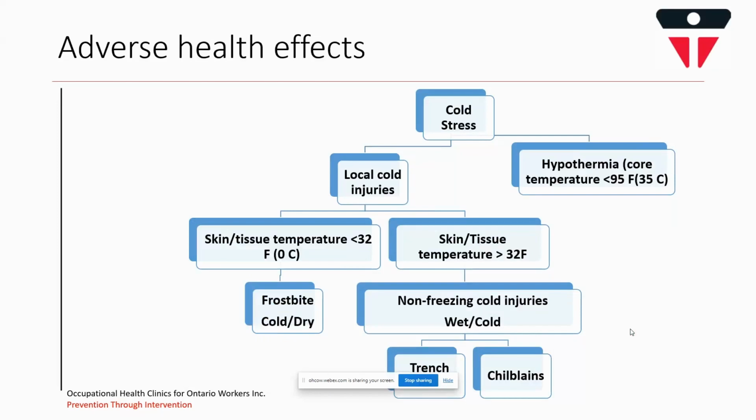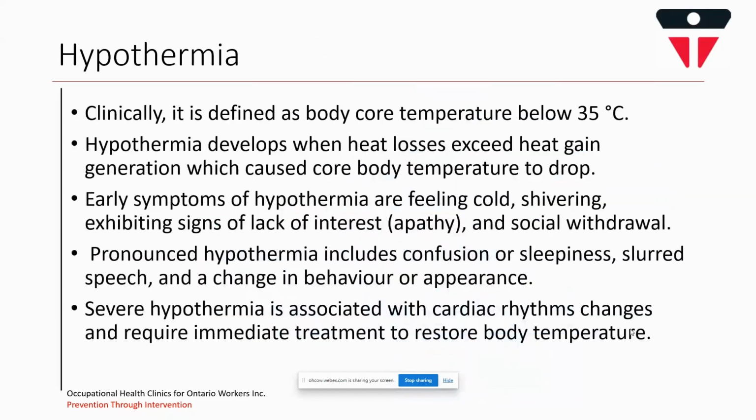If the temperature of the skin is below 0 degrees C, the adverse health effect which can take place is frostbite, and if the skin temperature is above 0 degrees C, then the adverse health effects are called non-freezing cold injuries or trench foot or chilblains.